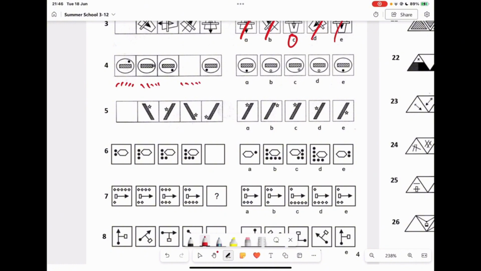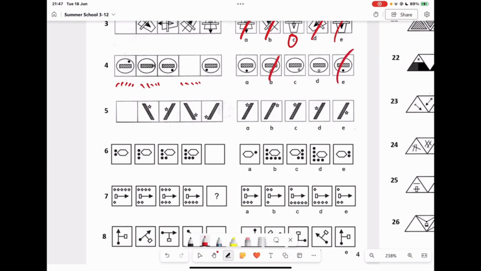So given that, the answer will not be B or E. Okay.